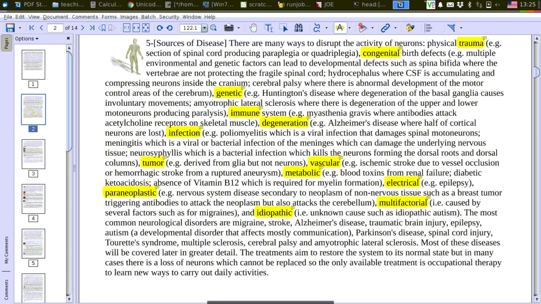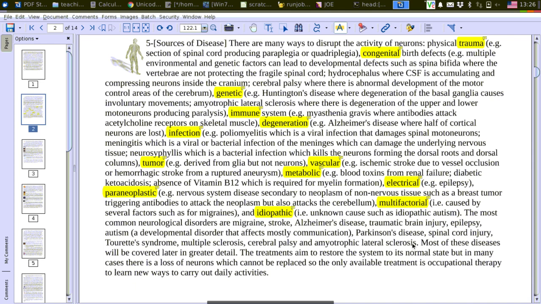Now, the most common ones that would be seen by a family doctor would be migraine, stroke, Alzheimer's disease, traumatic brain injury, epilepsy, autism, Parkinson's disease, spinal cord injury, Tourette syndrome, multiple sclerosis, cerebral palsy, amyotrophic lateral sclerosis.